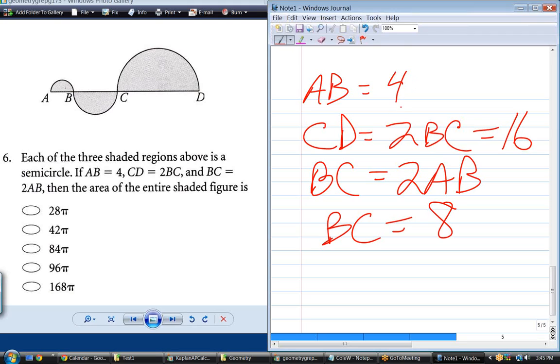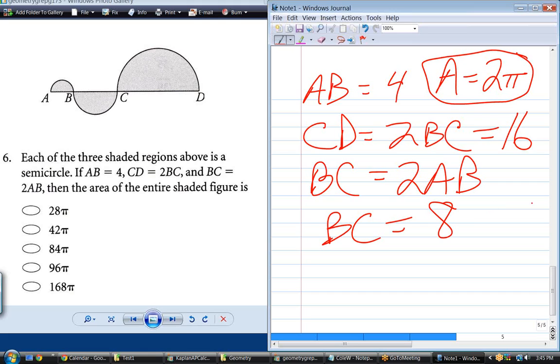Hold on. The radius is 2. It's pi r squared, so it's 4 pi, divided by 2, not multiplied by 2. So that area is going to be 2 pi. That's the little one.